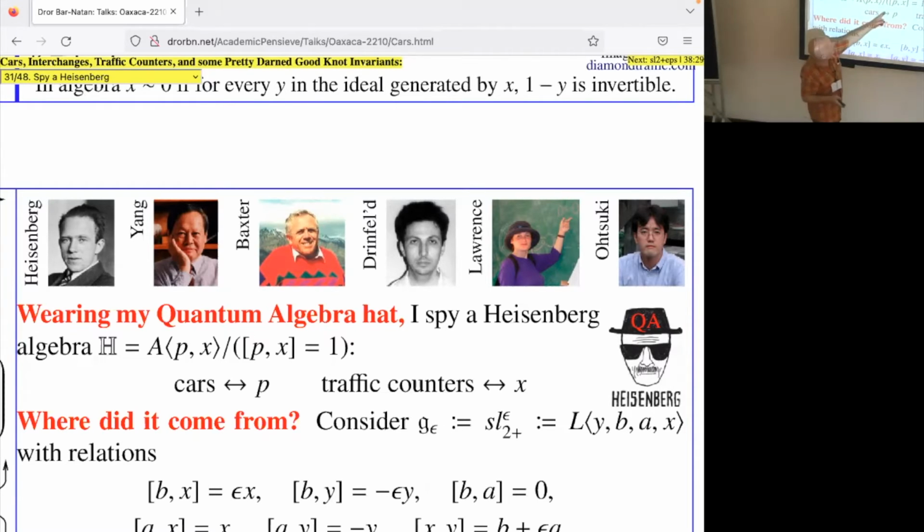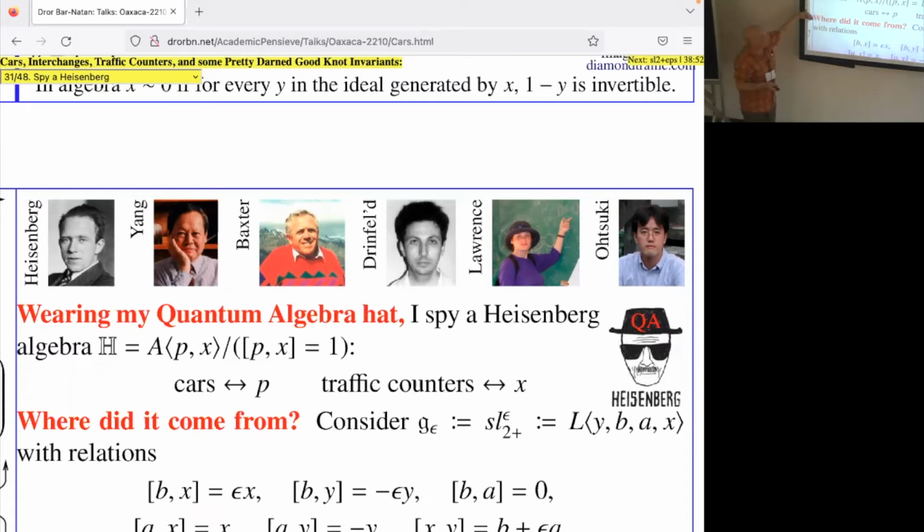So the commutator of cars, P is for Porsche, and X for counter. So the commutator of the two is 1, right? If you place a car before the counter, the measurement is 1. But if you place the counter before the car, the measurement is 0.